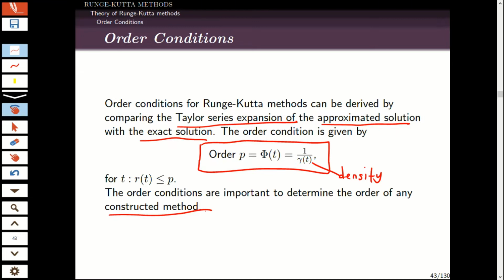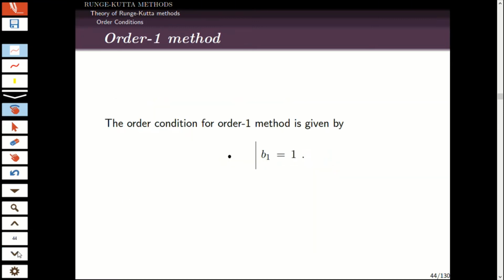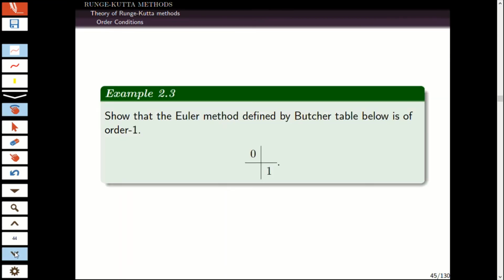Okay, so let's look at how we can derive the order condition. For order 1, for 1 vertex, we write b transpose, so b1 equals 1. This is the order condition for an order 1 method. Now for an order 2 method, before we do that, look at this example. Show that the Euler method defined by the Butcher tableau below is of order 1.